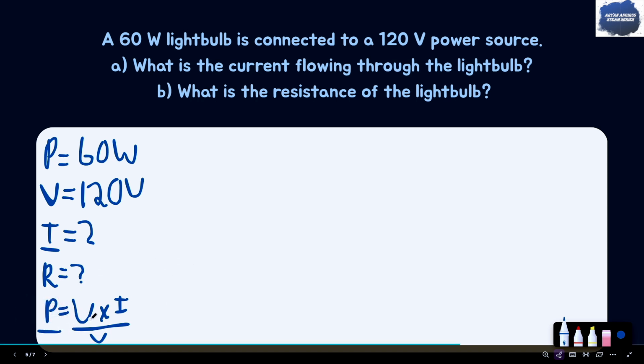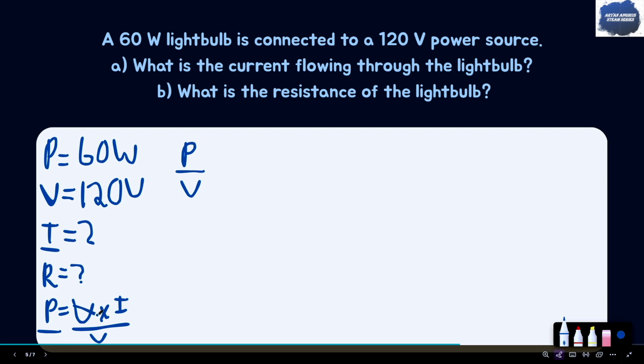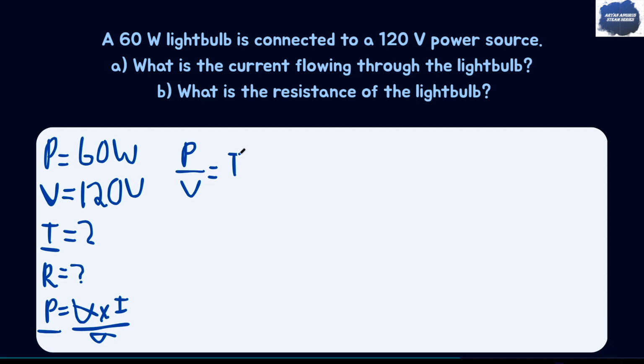Okay, let's just say we divide everything by V. So you get power divided by V, these would cancel out, equals I. There we go. Now we plug in the values.